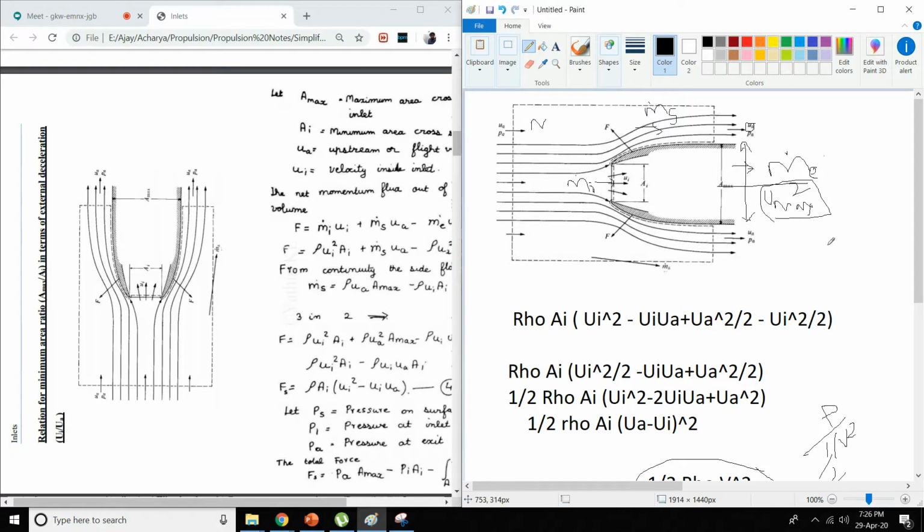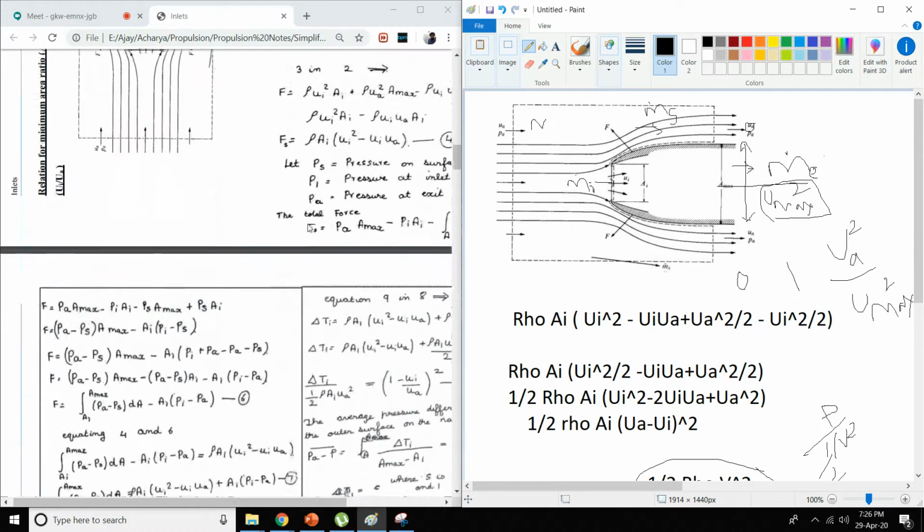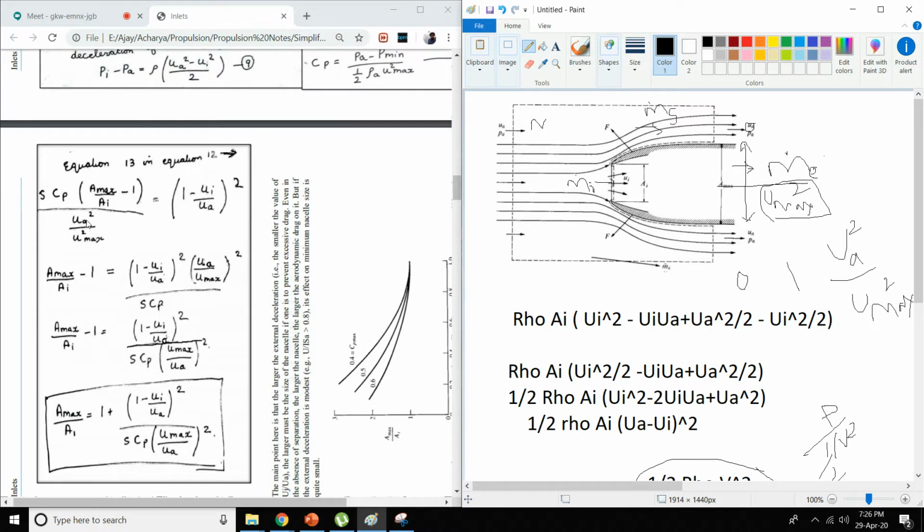So within these two limits, ua square by u max square is again a factor varying from 0 to 1, so I'll introduce that term here. He divides by that term, sends this to the other side, and rearranging everything, he writes A max by AI is equal to 1 plus, 1 minus ui by ua squared, divided by S Cp times u max by ua, the whole square.